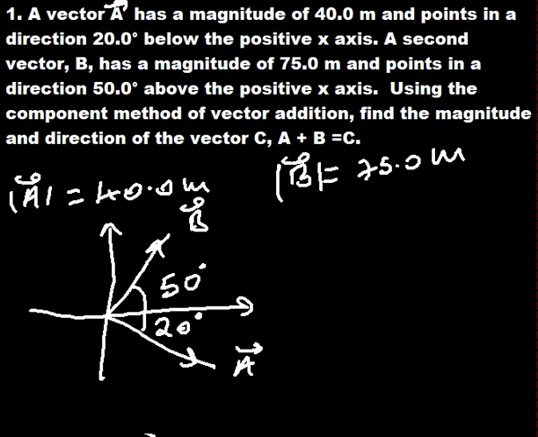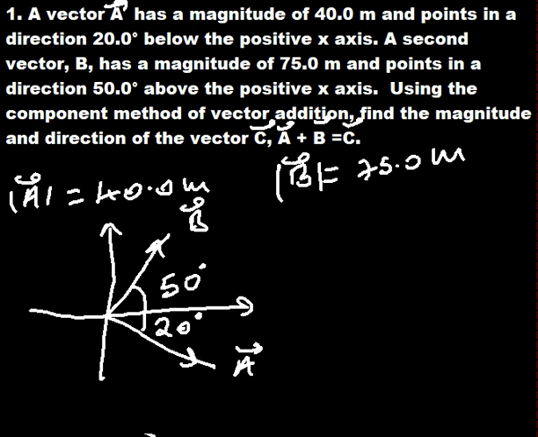Now the question says that using the component method of vector addition, find the magnitude and the direction of the vector C such that C is the summation of these two vectors.